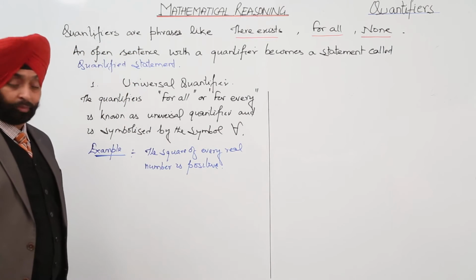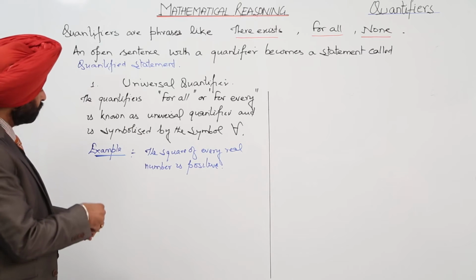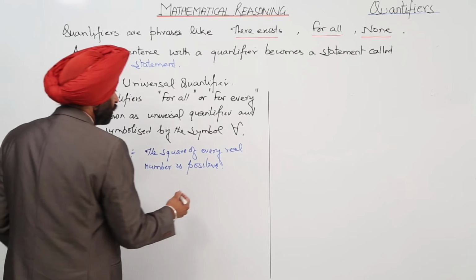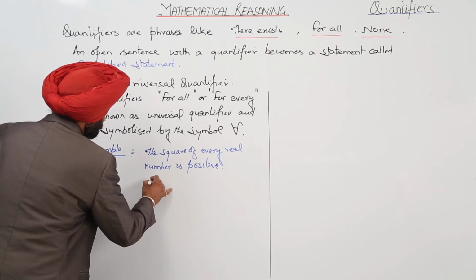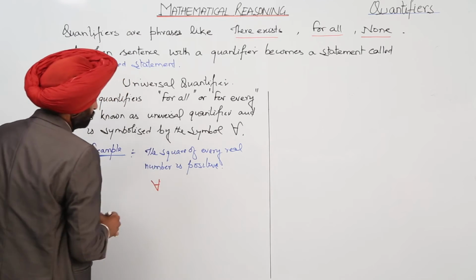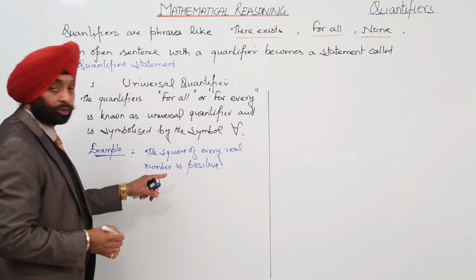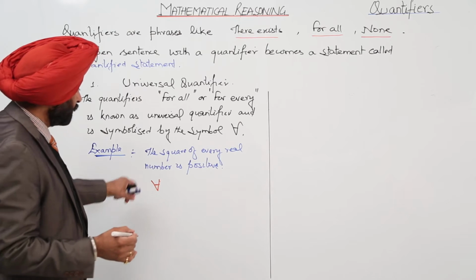So this is the open statement. Now how can we use a quantifier for it? This can be symbolized using for all. The square of every real number is positive. Now let's see what we can write.